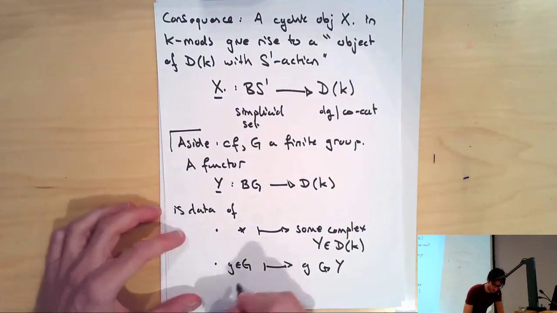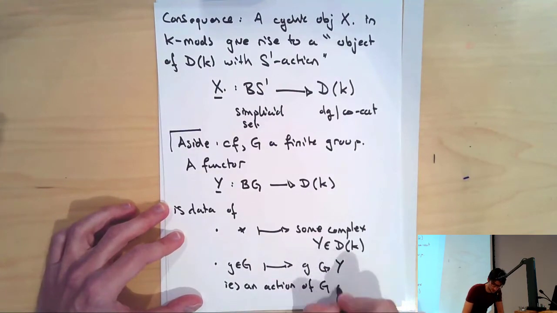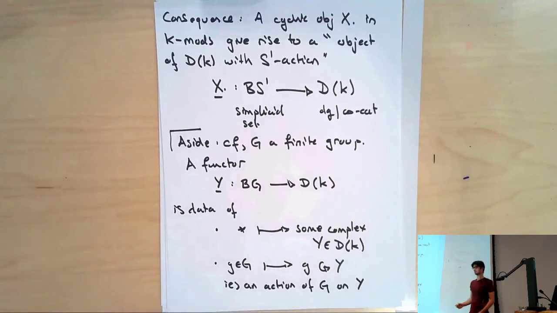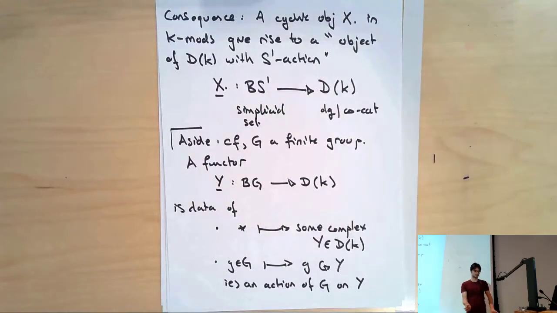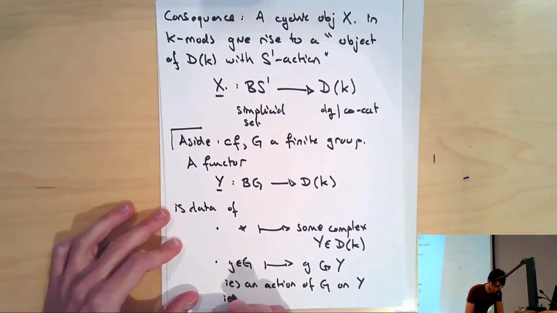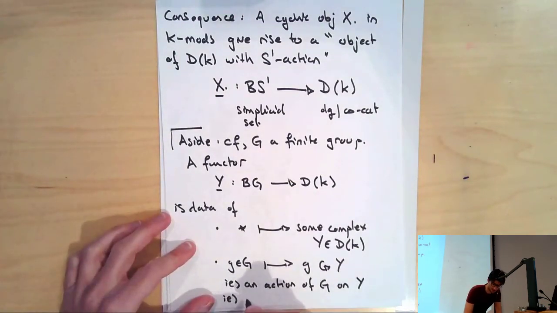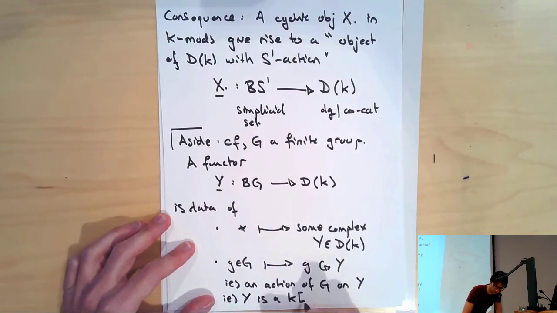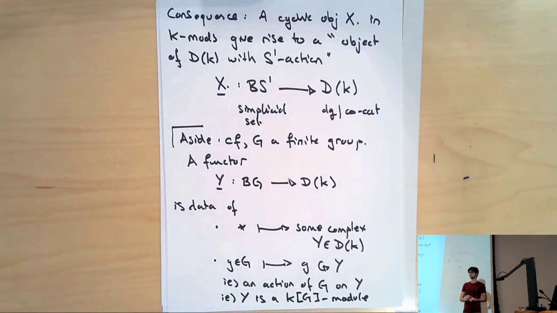So in other words, I get exactly an action of G on Y. Or, a helpful point of view when we return to this topological setup: saying that I have an action of G on my complex is the same as saying that Y can be given the structure of a module over the group algebra KG.